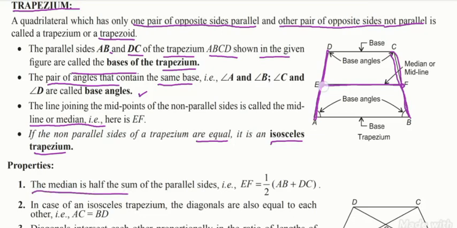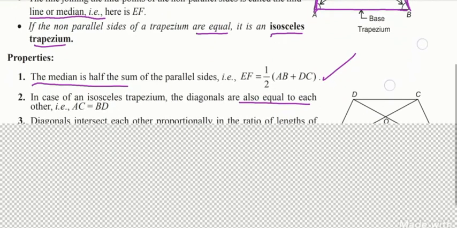So here the median we discussed is EF. EF is equal to half of the sum of the parallel sides, AB and DC are the parallel sides. So half of AB plus DC. Very important one. Next, in case of isosceles trapezium, the diagonals are also equal to each other. So if it is an isosceles trapezium, then diagonals AC and BD are also equal. Let's see the next one.